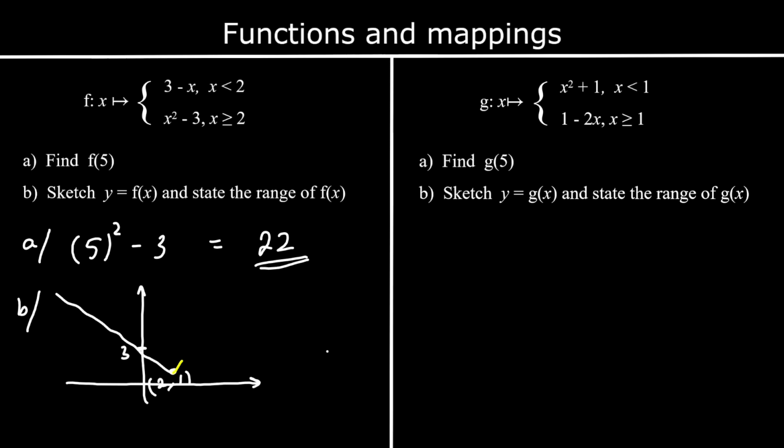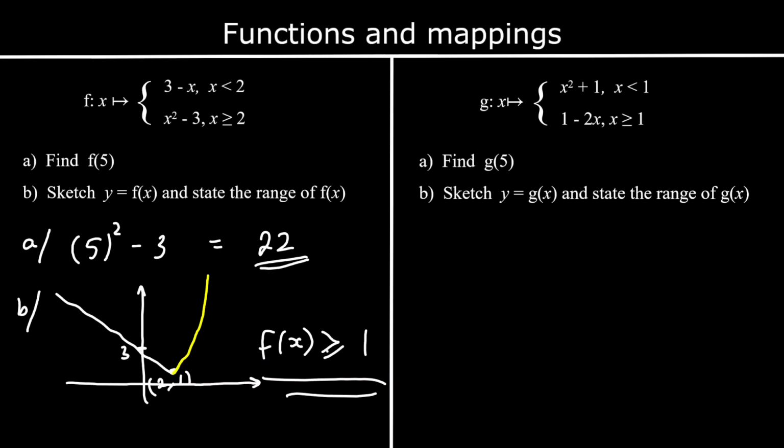So it comes up like this. So that is our function. Take the range of f of x. So the minimum point's at 2, 1. So we can have f of x can be anything greater than or equal to 1.